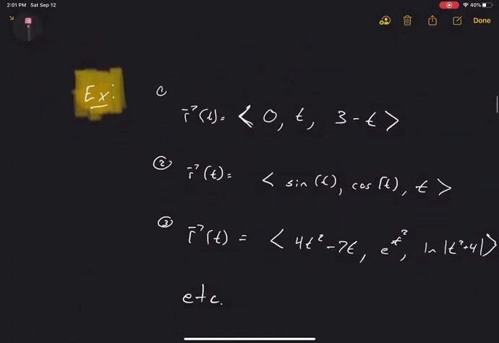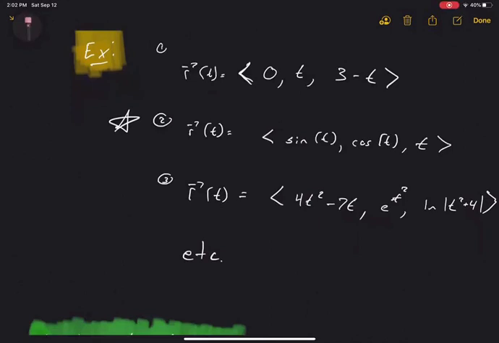Okay, so that's one you might see. Another one, which we're going to deal with a couple times in this section, r of t is equal to sine of t, cosine of t, and t. Or we might start seeing some stuff more complicated like this. They're all vector valued functions.